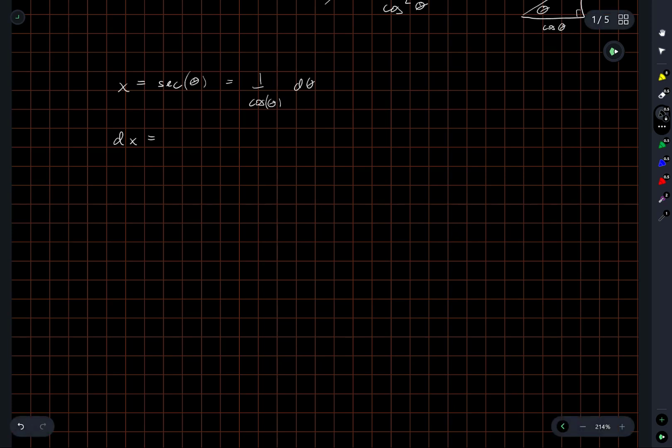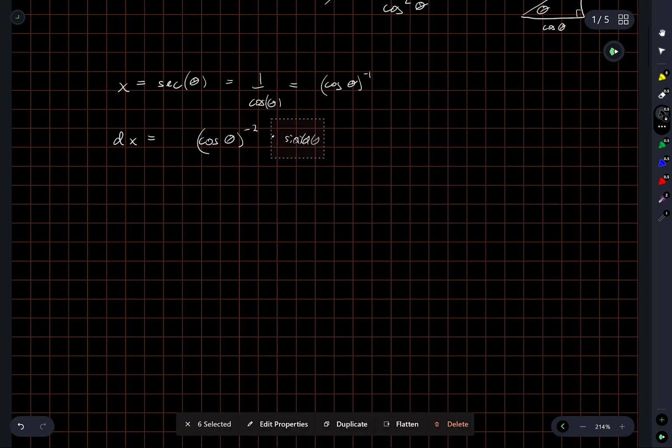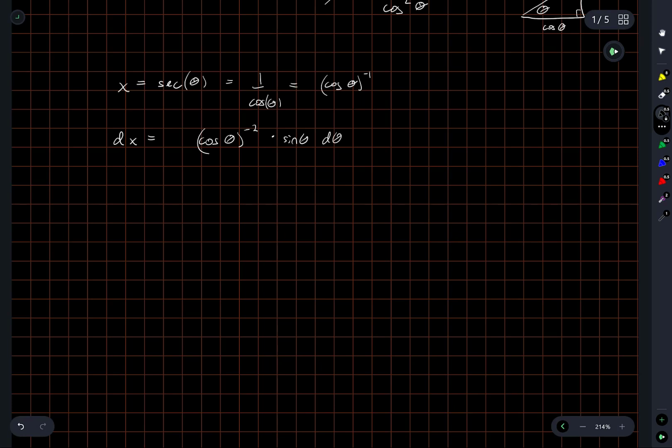So dx is, there shouldn't be a d theta here. dx is negative cosine theta to the negative 2 times negative sine theta, which is secant theta tan theta.